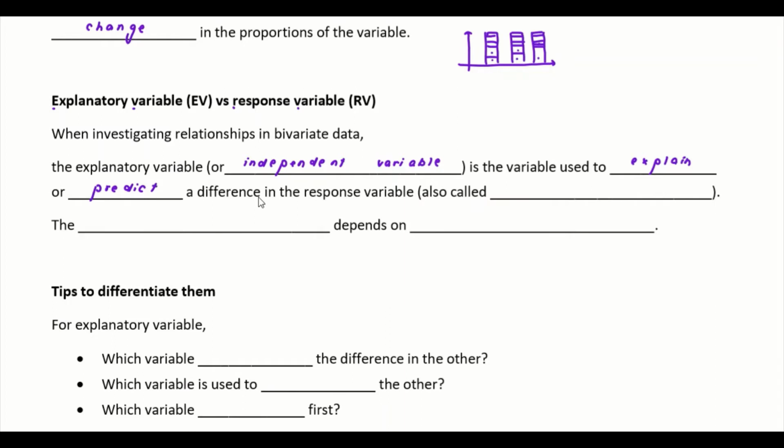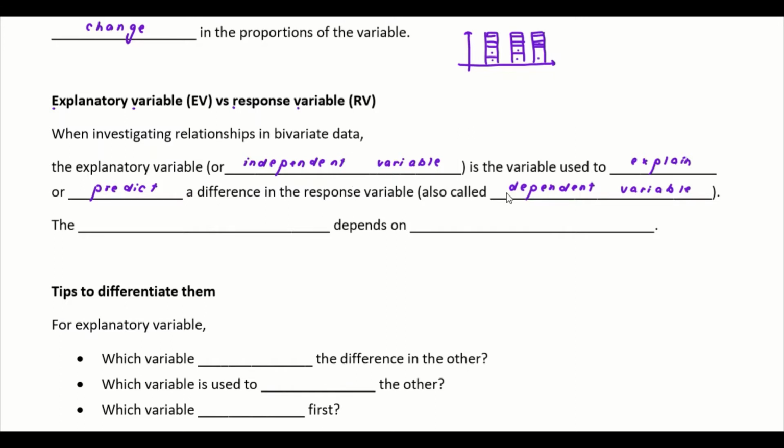The response variable is sometimes called the dependent variable. We will use EV and RV much more often compared to independent and dependent, because those are the words given in your syllabus. It's just that some of the books use these terms.